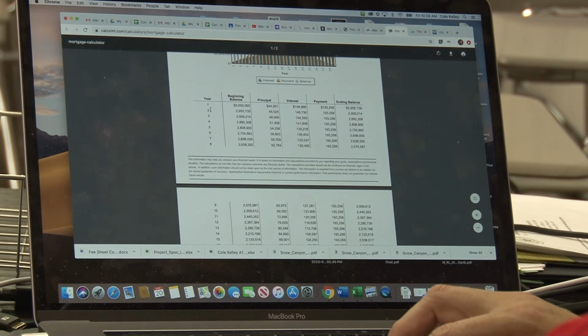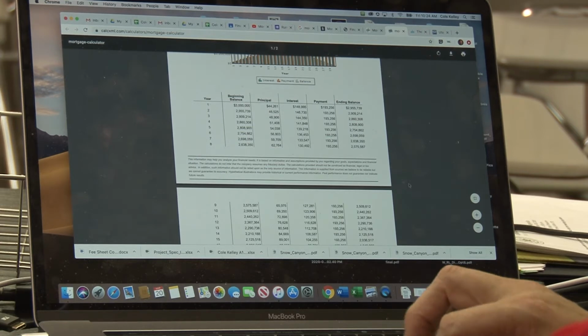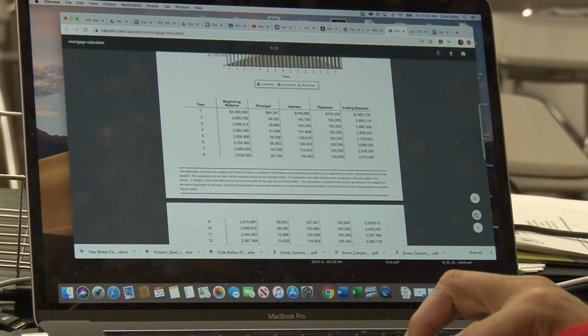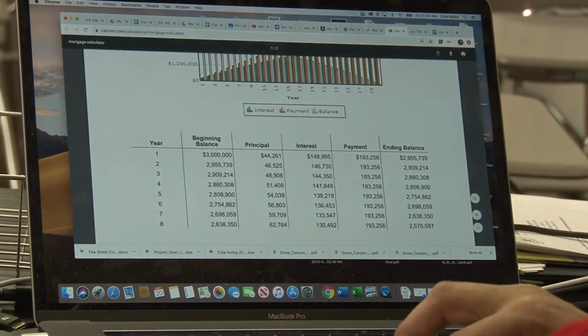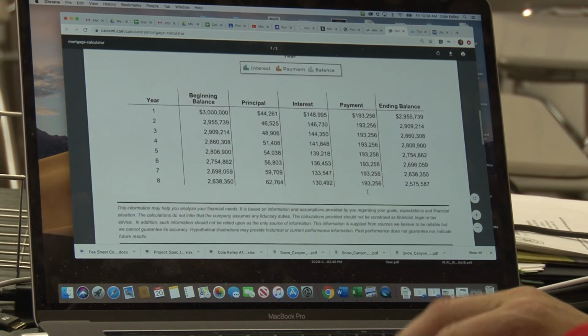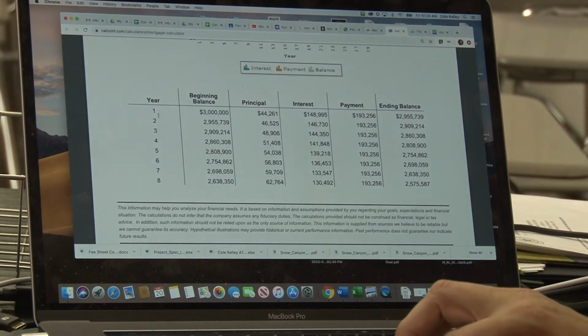But this is what I want to look at. Here is a loan amortization schedule for that home at 5%. I'm going to try to make that bigger. And again, this is going year by year. The last one we looked at went month by month, but in year one, I did a $3 million home.